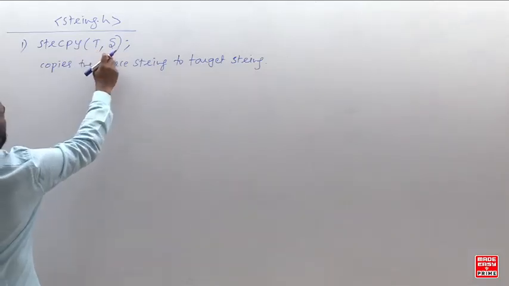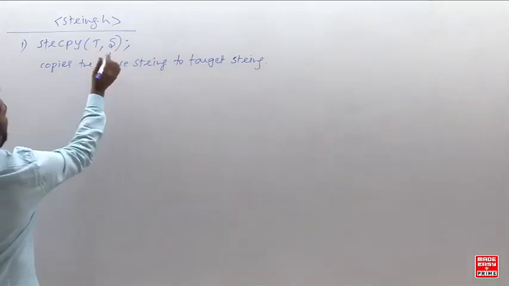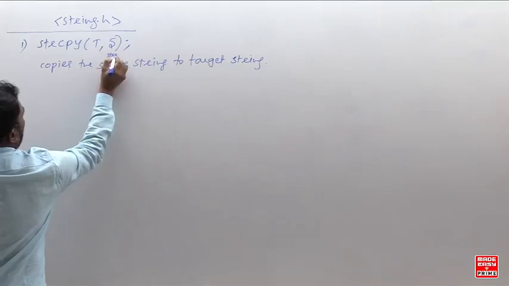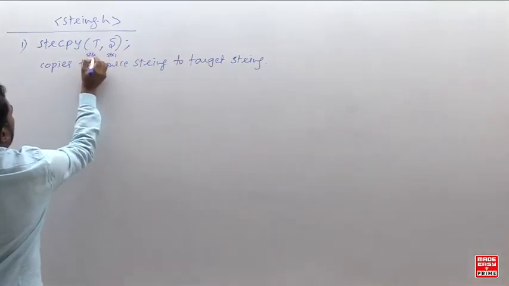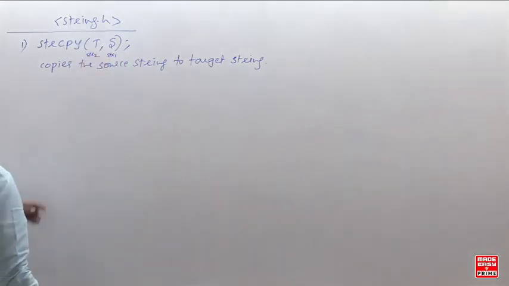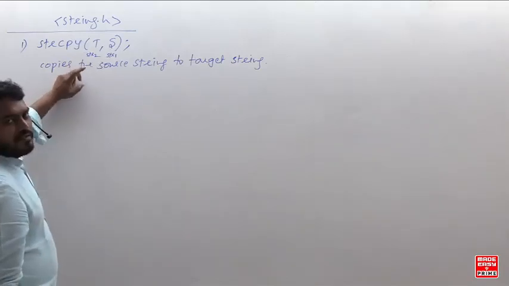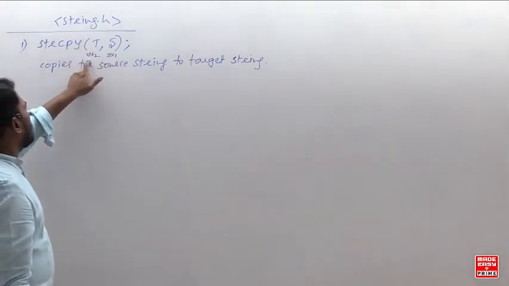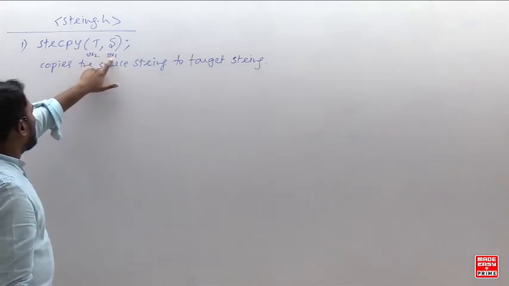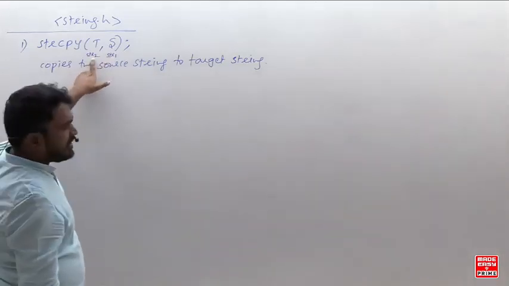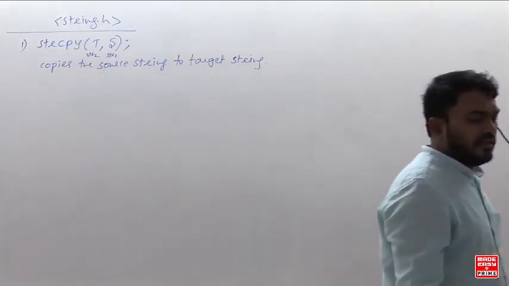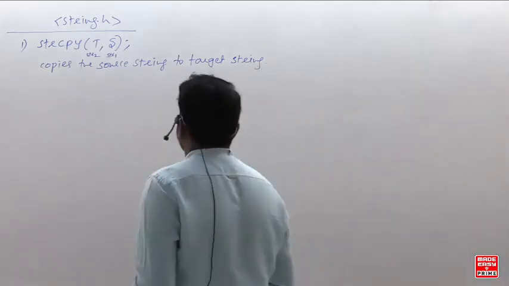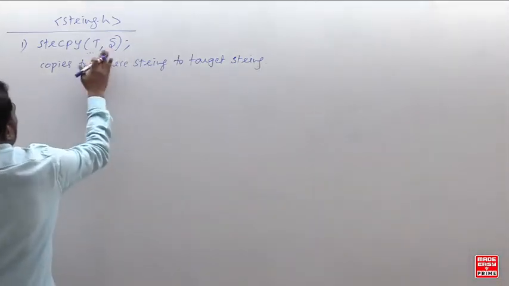For example, you want to copy from str1 to str2. So you provide here str1 and you provide here str2. Is that clear? Like for example, you are having two strings. What is in str1, I want to copy that to string 2. So you provide the base address str1 here and you provide str2 here. Is that clear? So that is the meaning of that. Okay, right. So many people know that.